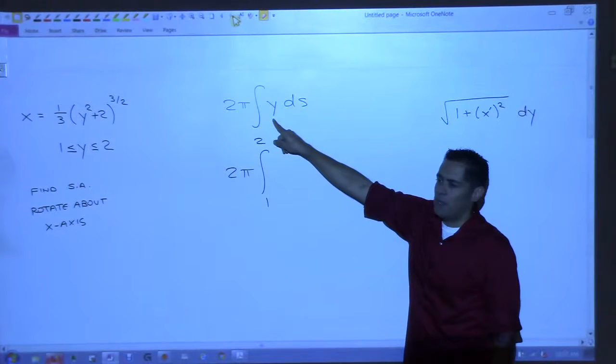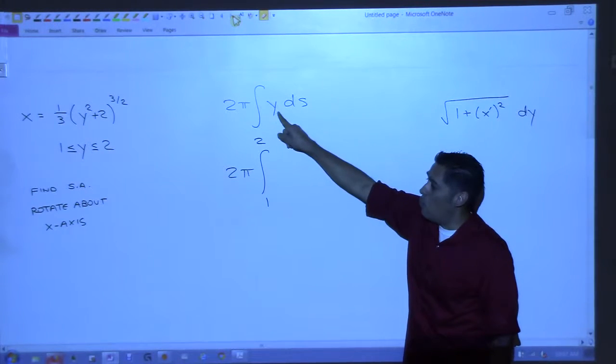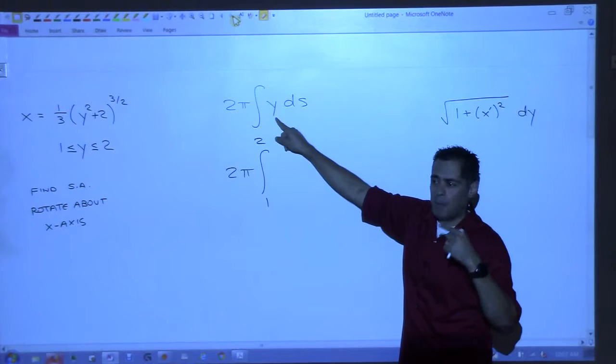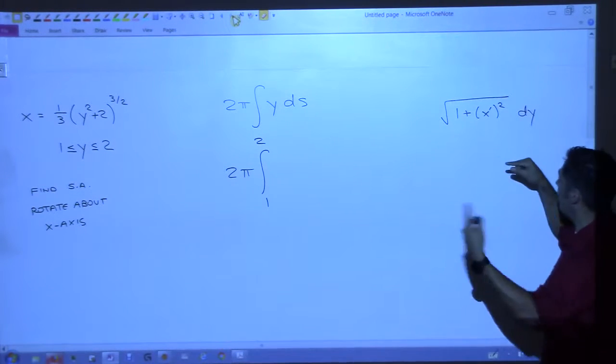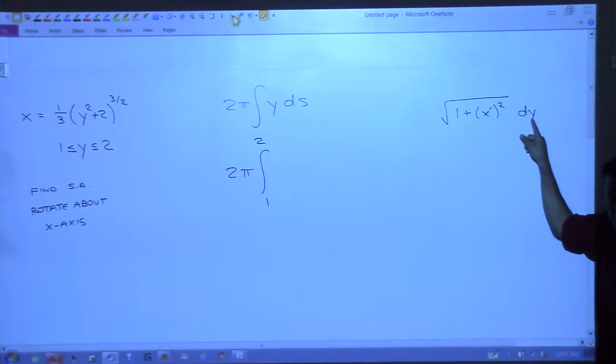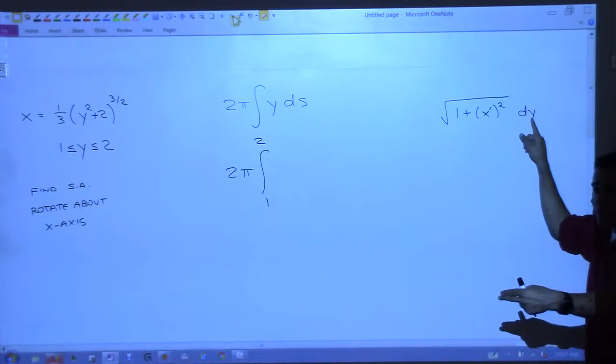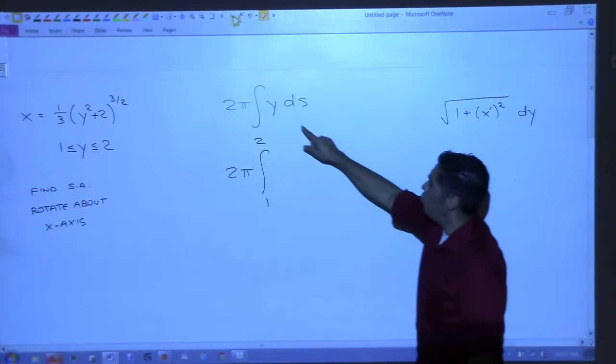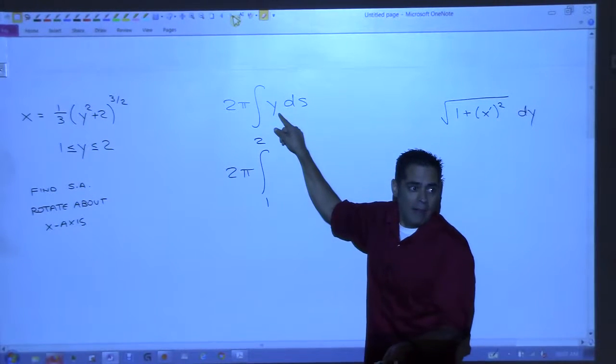Do I need to do anything with this y? No. It's supposed to be y, right? In the previous problem, we replaced that, didn't we? We replaced it because when we were integrating, in the previous problem, we were integrating with respect to x. So we needed everything in terms of x, didn't we? But because we're going to be in terms of y, we just need this y to be something with a y in it.